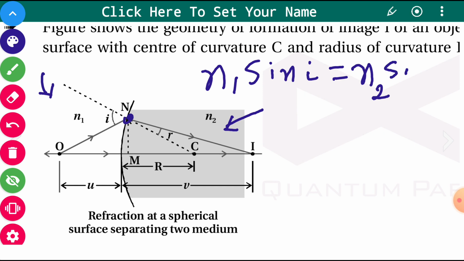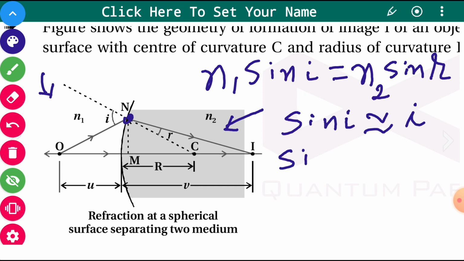Now for small angles, as you know, sin theta is equivalent to theta. So i and r are very small, so sin i is equivalent to i, and sin r is also equivalent to r in radian.